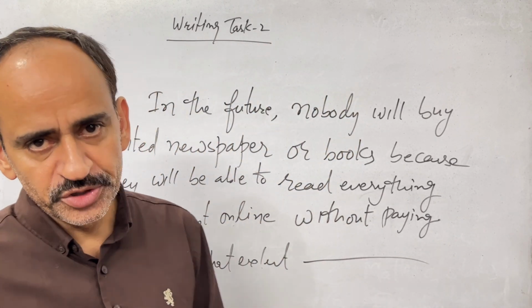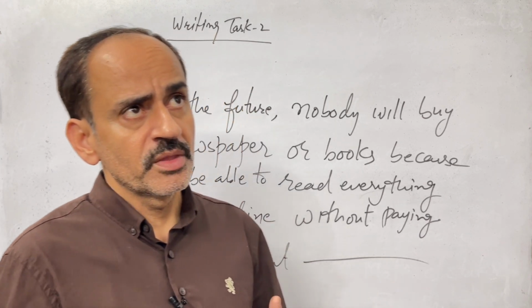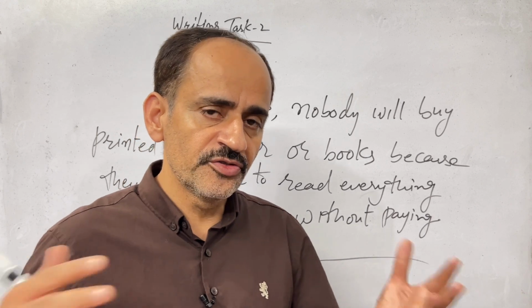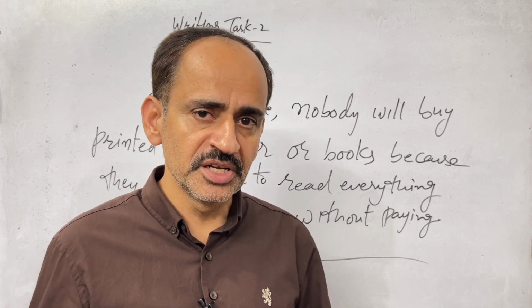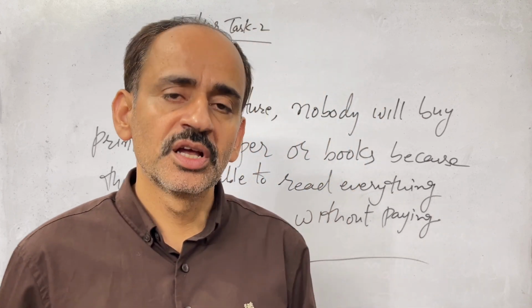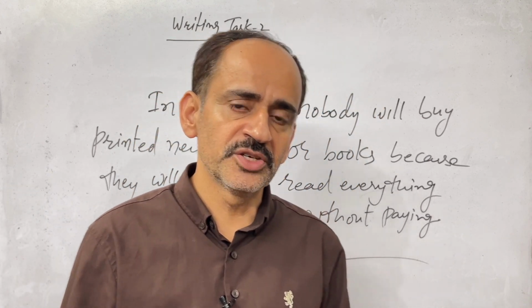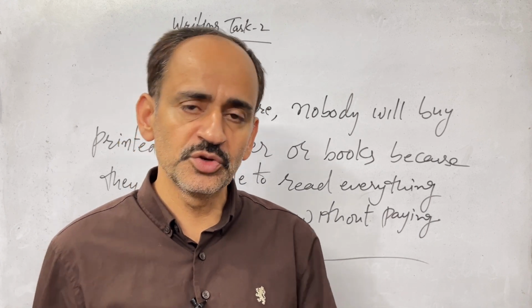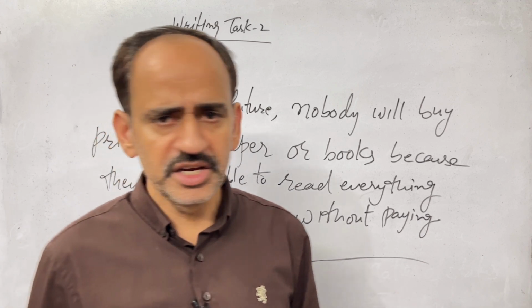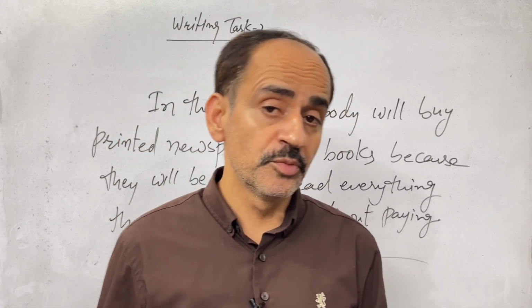So the second point you can mention this. Think about any other point. Printed material in the form of e-books can be easily transferred from one place to another. Suppose you want to send some information to your near and dear ones in America or Canada, it is very easy, but sending a book is difficult.